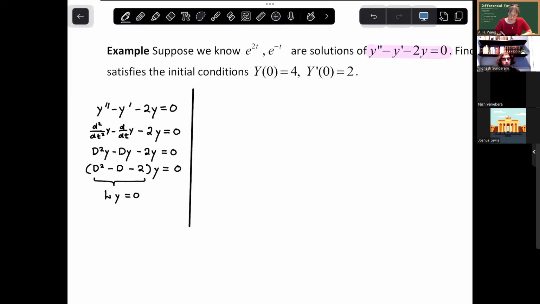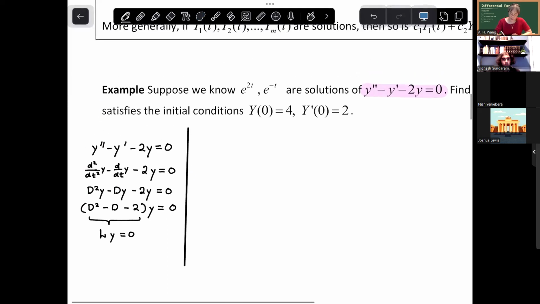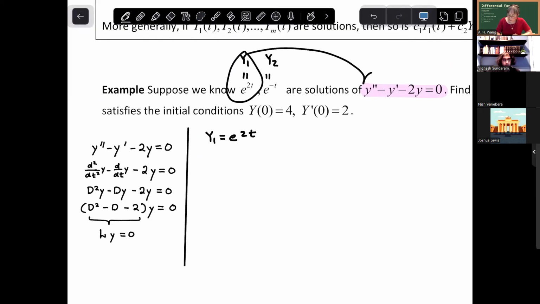Next, let's double check that these are solutions. This is going to be solution 1, and this is going to be solution 2. So let's say y1 equals e to the 2t. I want to double check that it's a solution. I'm going to plug it in so that this is equal to 0.